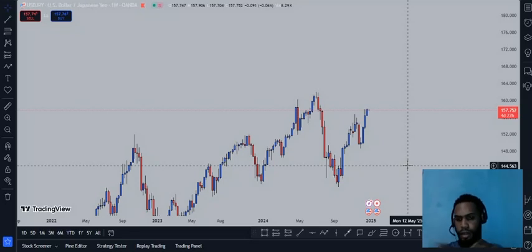So for me, normally I start from the weekly time frame and mark out the support levels and resistance levels. So I analyze it using the weekly, the daily, the 4 hour, right? Now the 1 hour, the 30 minutes and 15 minutes, that's where I normally look to enter the market, right?